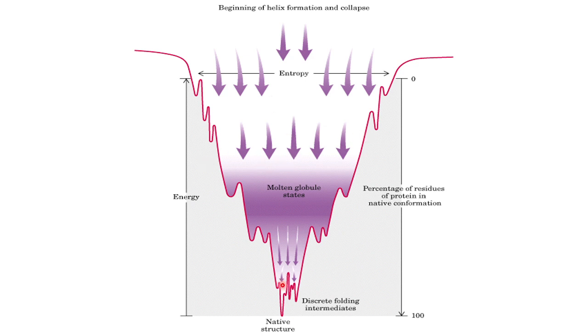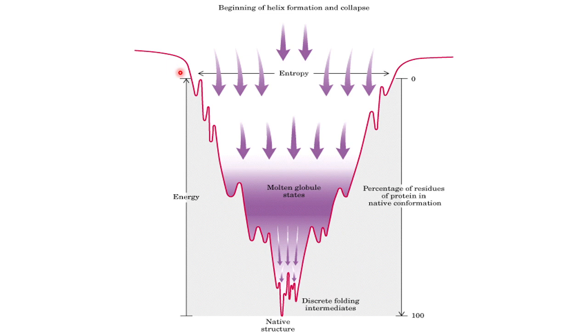As you move down the funnel, there are discrete folding intermediates, and you see the percentage of residues in the protein in the native formation. Most of the residues would be in the native formation in this region, and at the tip of this funnel you get the native structure of your particular protein.